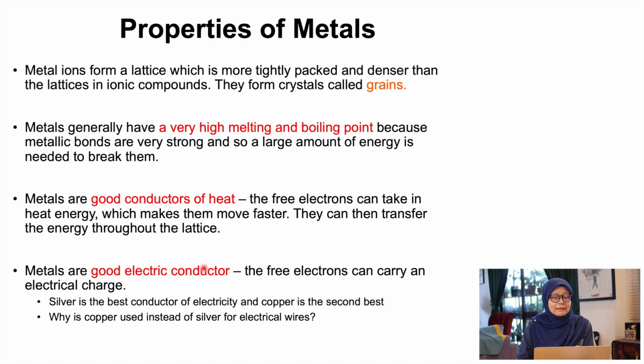I have a scenario here. Silver is the best conductor of electricity and copper is the second best, but why is copper used instead of silver for electrical wires? We will discuss this during our class.